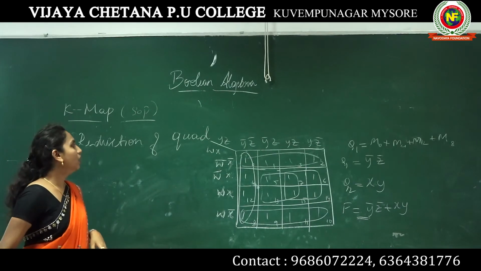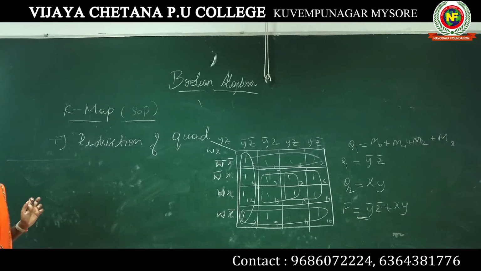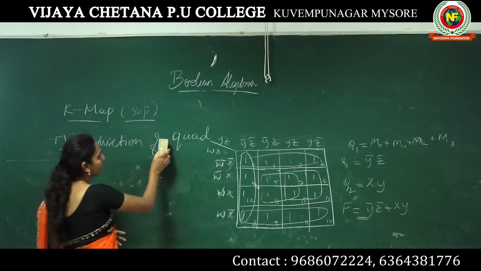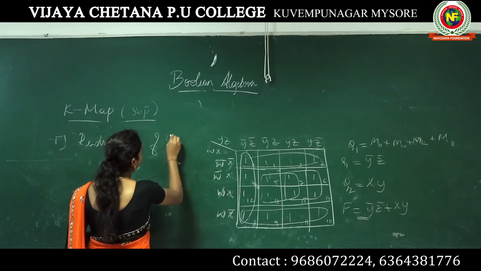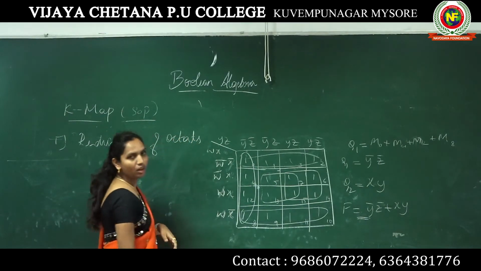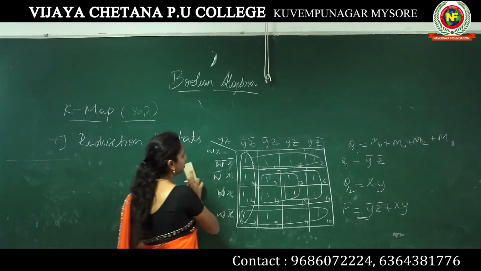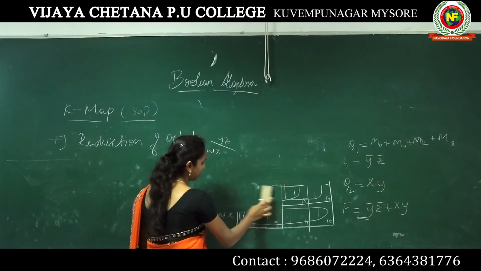Okay. Next, after reduction of the quad, what are we left with? That is an octet. So we'll see how the octet is reduced, which means how to solve this one.